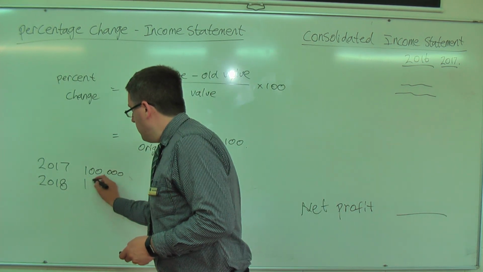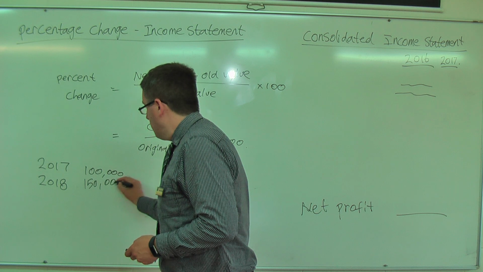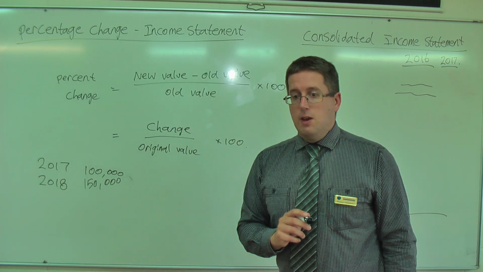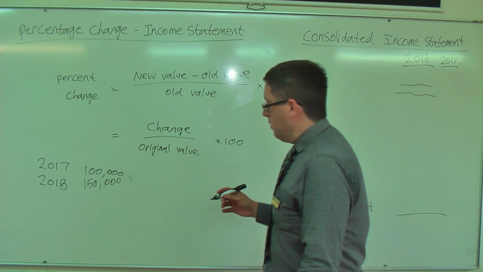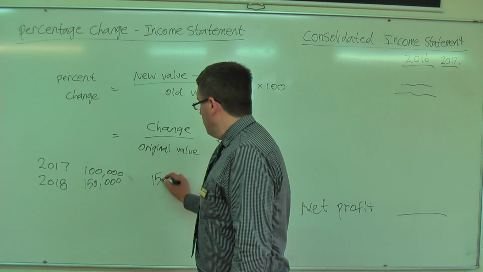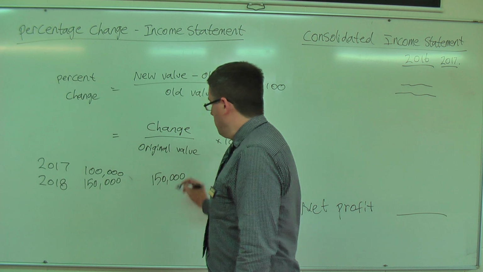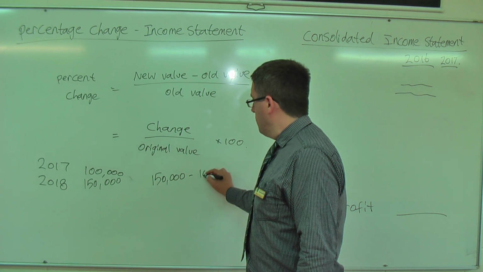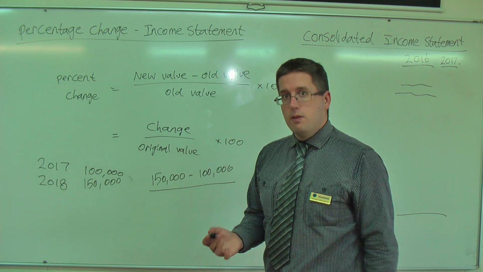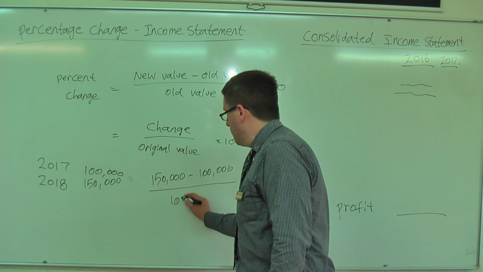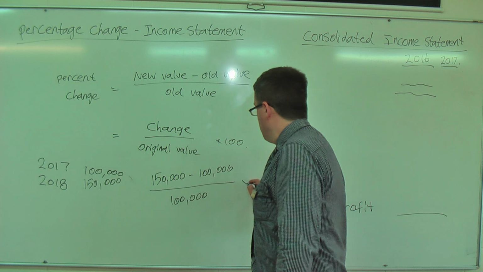And in 2018, our sales went up to 150,000. So, what is the percentage change? Well, we take the new value, 150,000, minus the old value, divided by the old value, times 100.